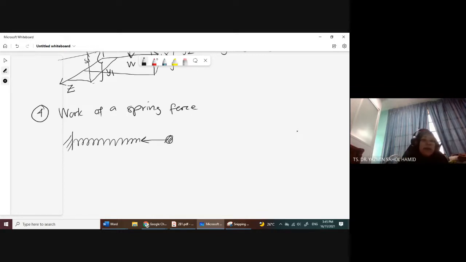The spring usually has a stiffness, K. This is an elastic spring, and it can elongate and contract. It can expand and return back to its original position, or it can be crushed.